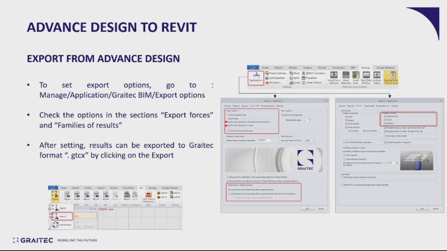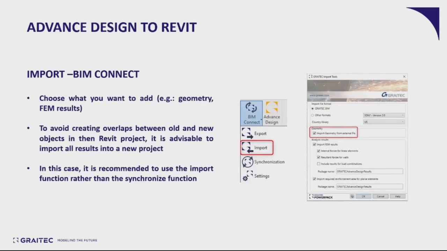Then, following the same procedure, a GTCX file, a GRAITEC format, needs to be exported from Advanced Design in order to import it back to Revit. In order to import the file back to Revit, the import functionality is selected from the BIM Connect options from the Revit interface. And the model is now imported from Advanced Design back to Revit.